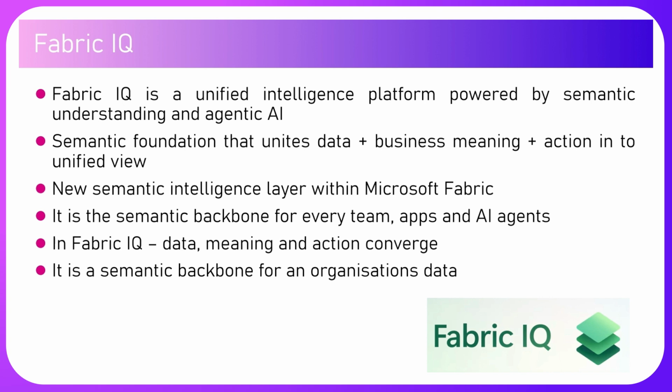It is a new semantic intelligence layer within the Microsoft Fabric ecosystem, a semantic backbone for every team, app, and AI agent, and a semantic backbone for your entire organization's data. It's all about getting meaningful information from your data, not just to retrieve information, but to get into the mode of suggesting the next best action or alerting on a specific event.